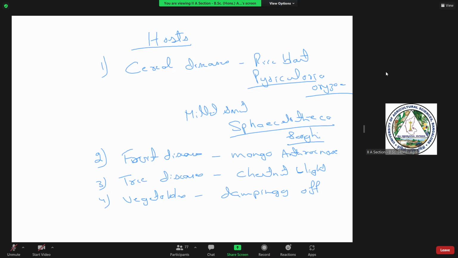So this is how we can classify the plant diseases based on the host which is affected. And we can also classify the diseases based on the plant parts which are being affected. You know very well the parts include the roots.